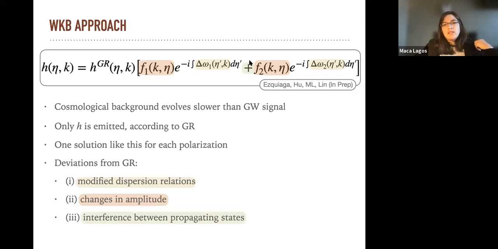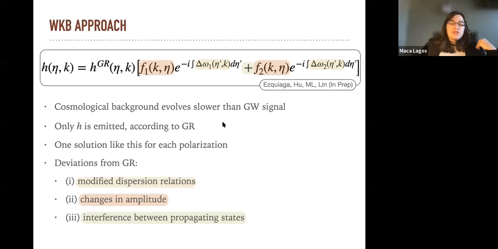And this plus sign here is telling us that we are superposing these two propagating modes, that effectively these are two waves and they will interfere with each other, basically. And I will show you an example of this interference effect and how it changes our waveform.